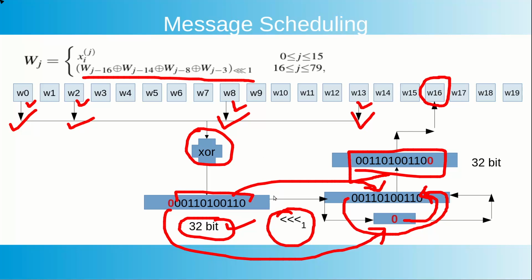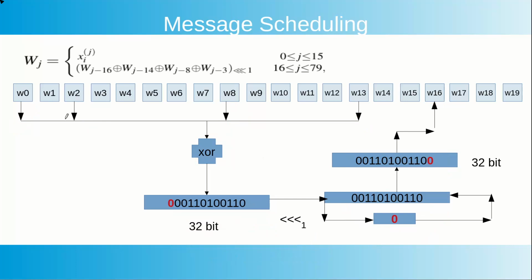So take W0, W2, W8, W13, take the XOR of that, and then put the first bit at the very end, and that is our W16.